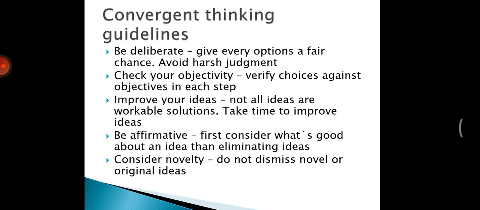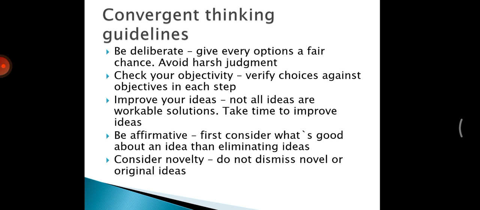Then convergent thinking guidelines. Since we have generated a lot of options through divergent thinking, we can choose the best one. Be deliberate: give every option a fair chance. Avoid harsh judgment. Check your objectives: verify choices against objectives in each step.